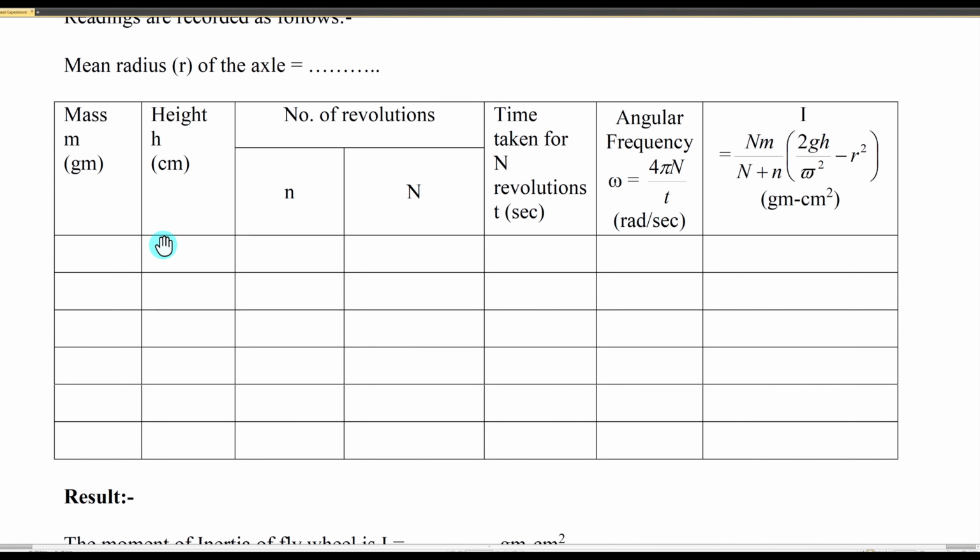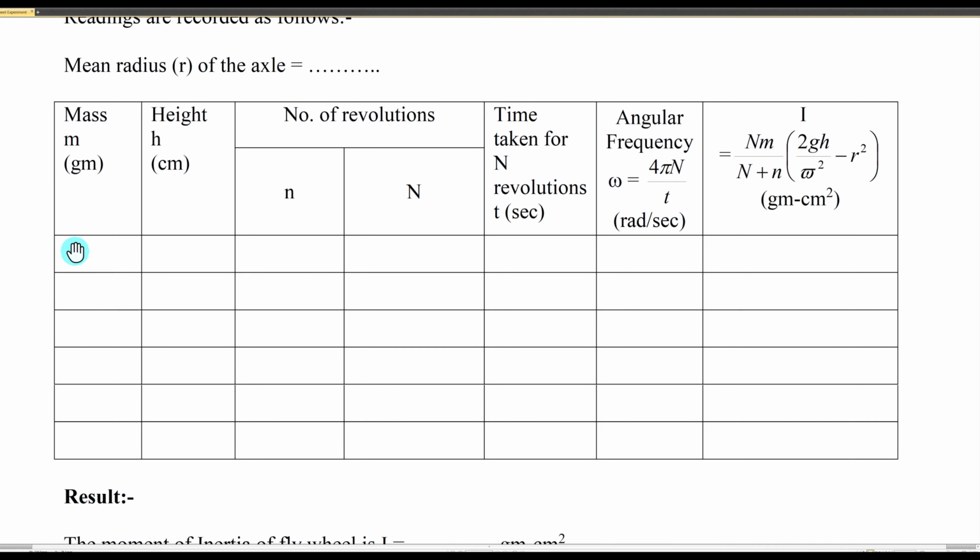That is one thing. The second thing is, there are two things that you are going to vary, so the number of rows will be very high. Along with the mass, you are also going to vary the height. When you vary mass and height, a lot of variations are there.